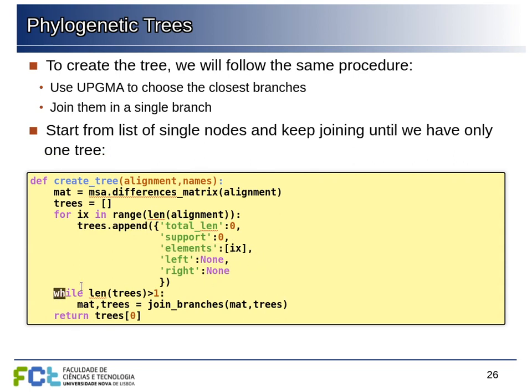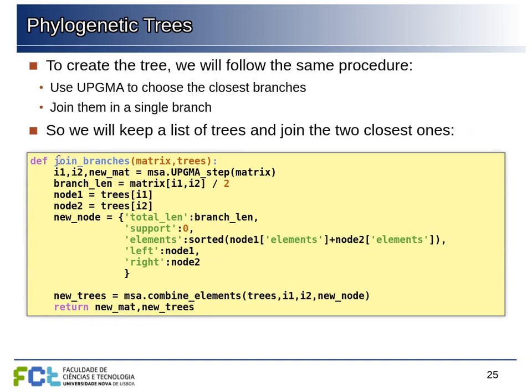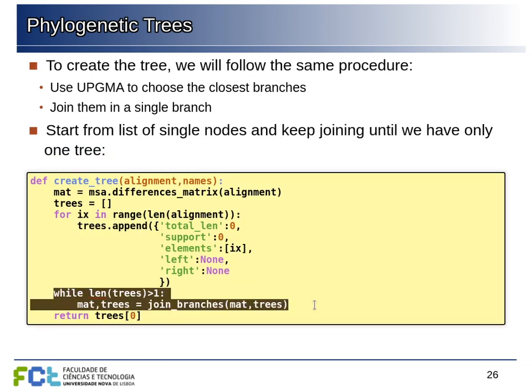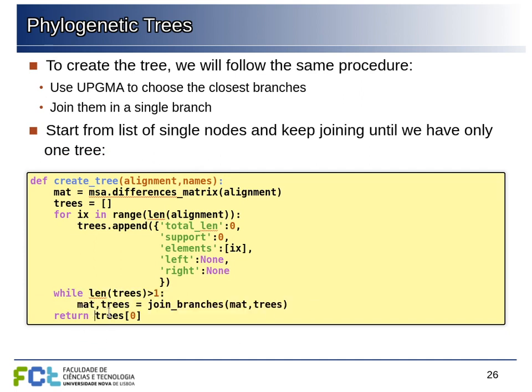And now, while the number of trees that we have is greater than 1, we're going to keep calling this join branches function to select the closest ones, combine them together, and return the new matrix, which is now smaller, and the new list of trees, which has one fewer element. So we're going to repeat this until we have everything gathered together in a single tree, and then we return that tree.